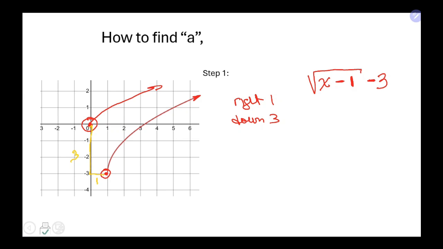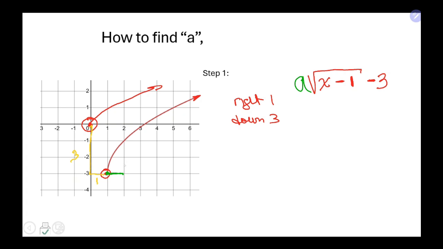And let's see if my number multiplying is different than 1. Here there is a number. How do I find that number? You go from that endpoint, you go right 1 unit. If there is a reflection over y, we will go left, but right now there is no reflection.